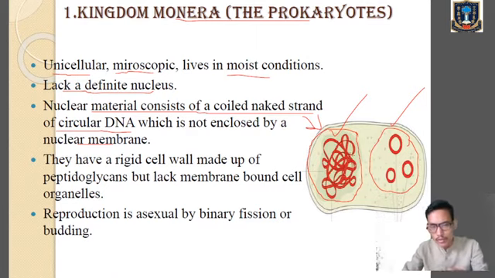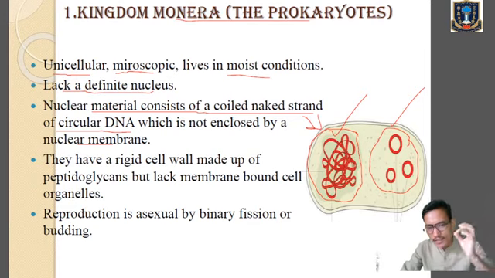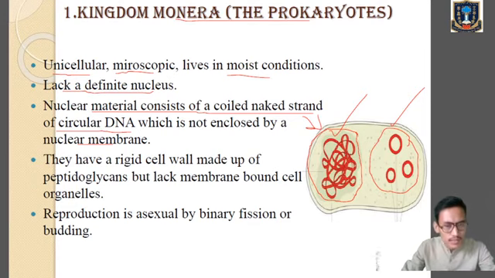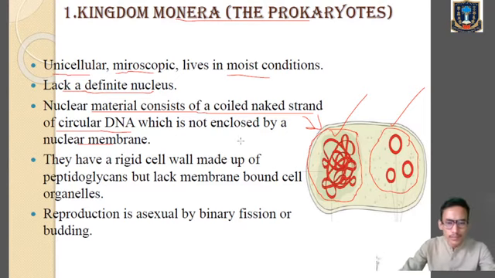So a well-defined nucleus is absent in Monerans, and the nuclear material is naked, usually circular DNA, since it is not enclosed by a nuclear membrane.